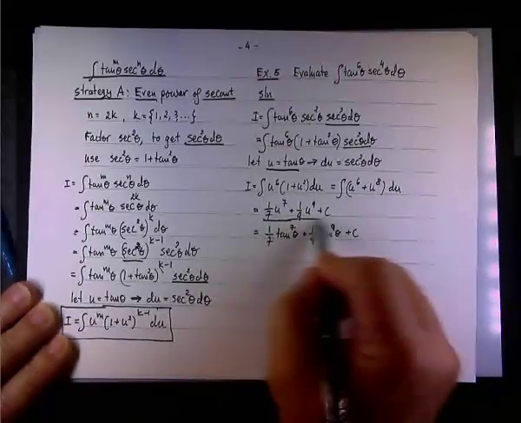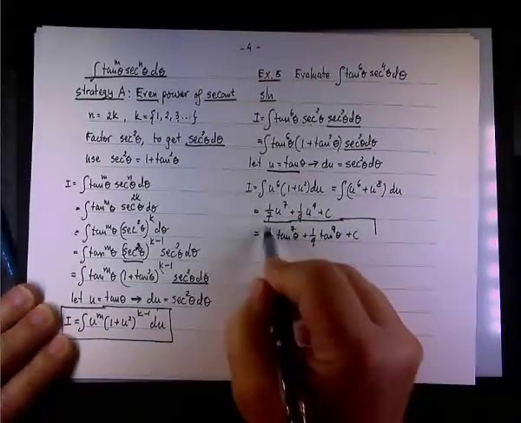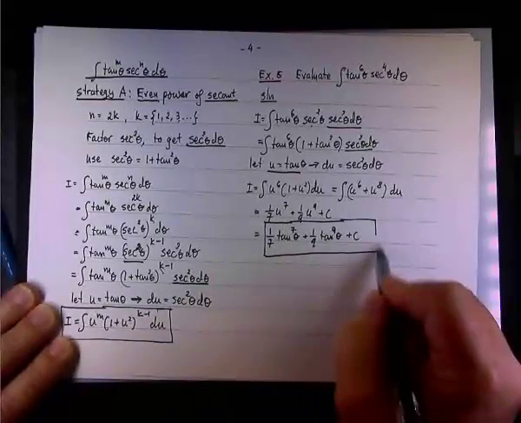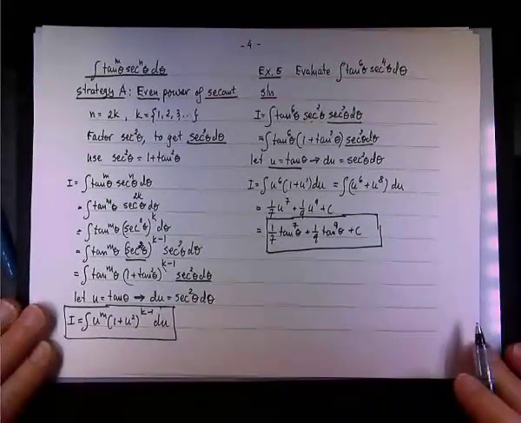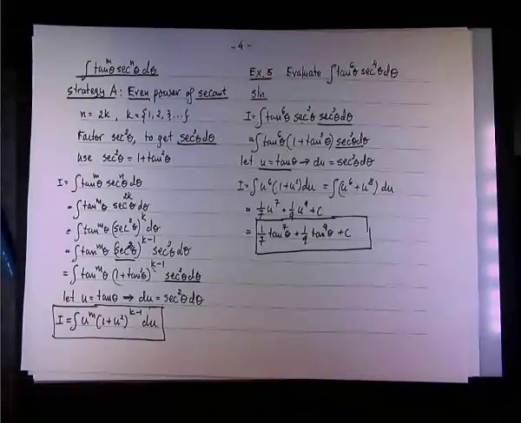Again, you can go ahead and take the derivative, and with a little bit of manipulation of trigonometric identities, you can recover the integrand by reversing the process. Okay? So what happens if we don't have an even power of the secant?